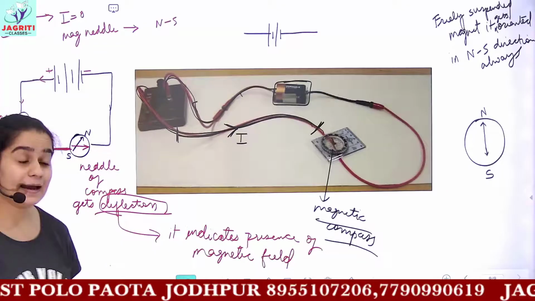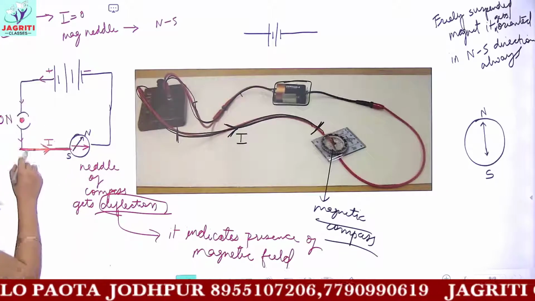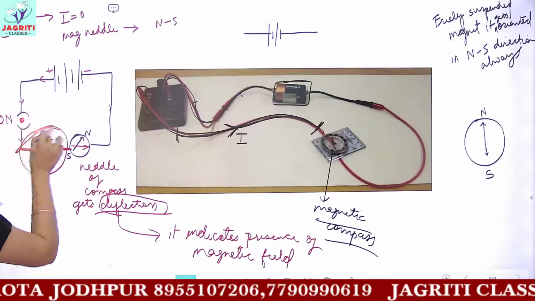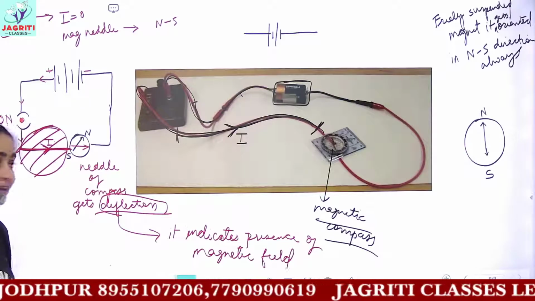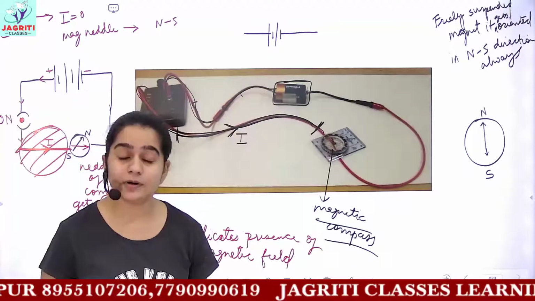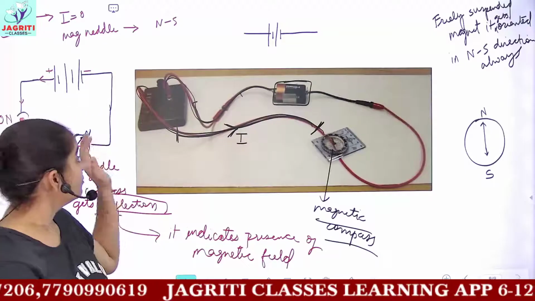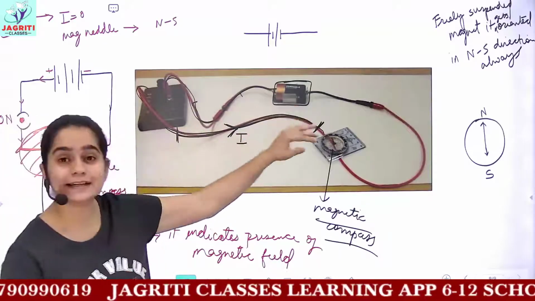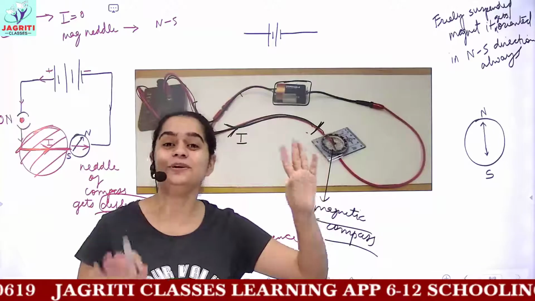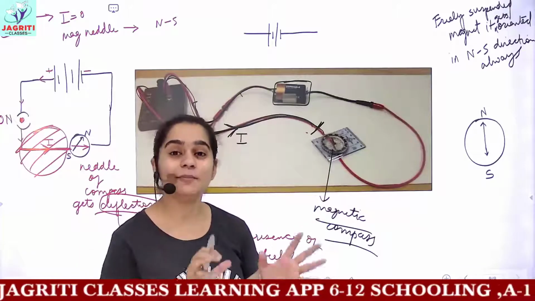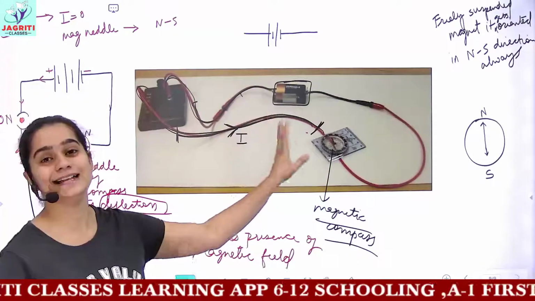Okay? And this presence of magnetic field means a magnetic field is now being produced around this conductor, and this concluded that whenever a current is flowing through a conductor, it produces a magnetic field around itself. So this is all about the magnetic field and Oersted's experiment.